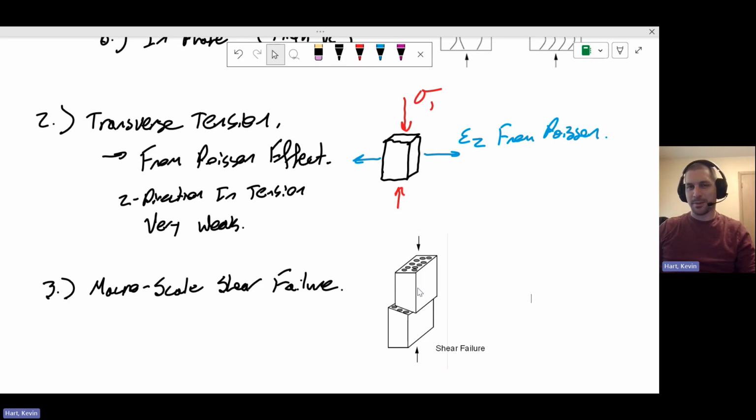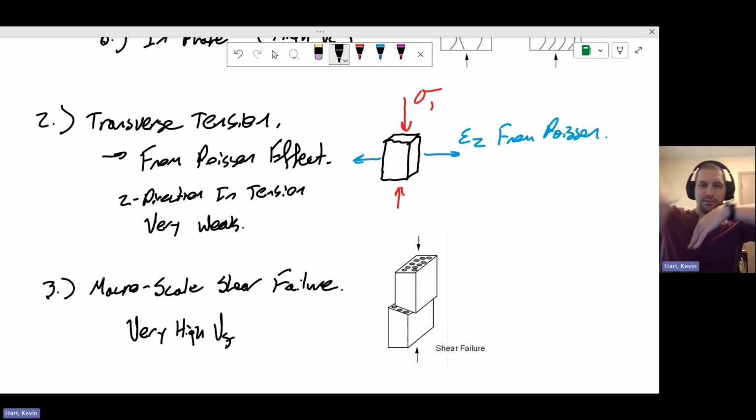That's more or less what's happening here. This usually happens at very high VF, like 70+% volume fraction. You put this thing into compression and eventually the entire thing shifts and cracks in half along this shear plane, this 45-degree angle.